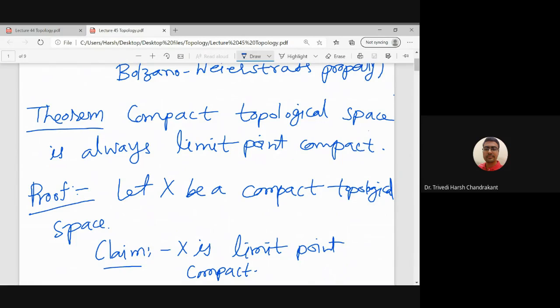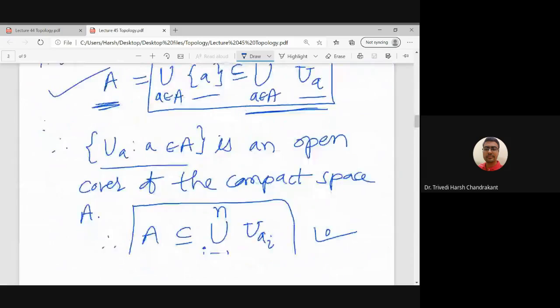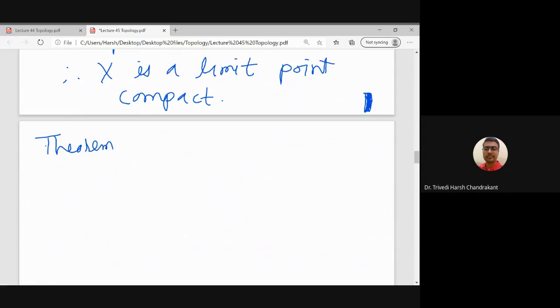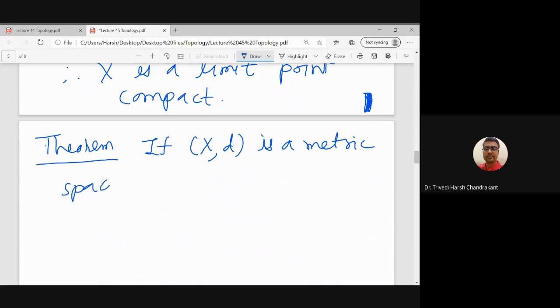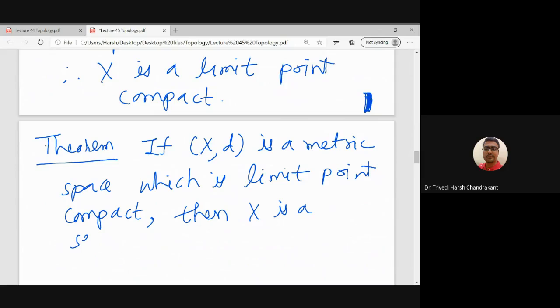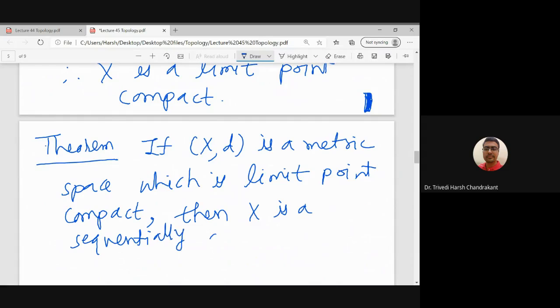So what about the converse? The converse is actually true for the metric space case. In general, it is not true. So let us see if we can prove that for metric spaces. If you take a metric space (X, T) which is limit point compact, then we'll show that X is sequentially compact.